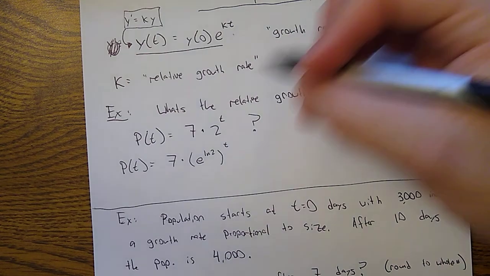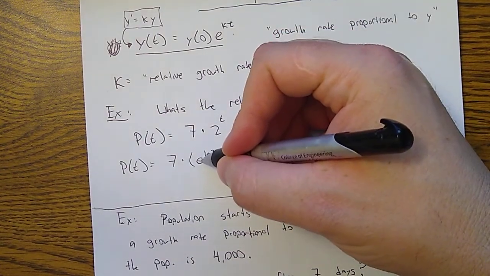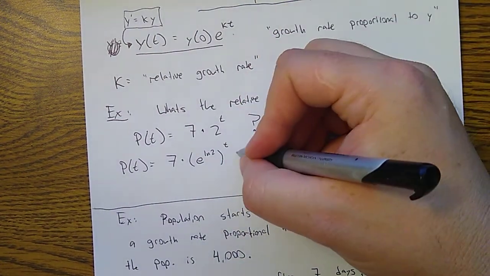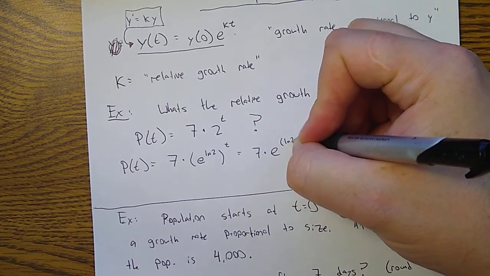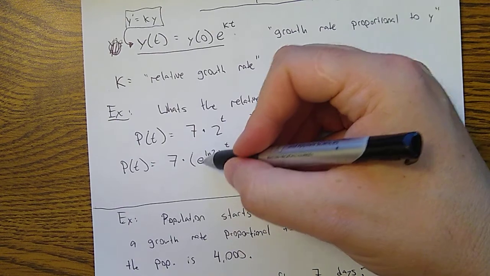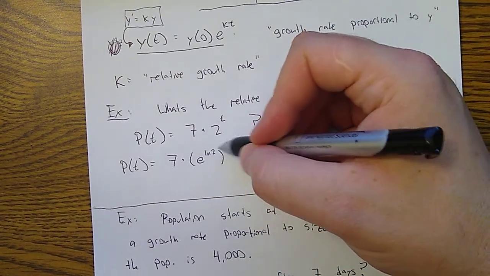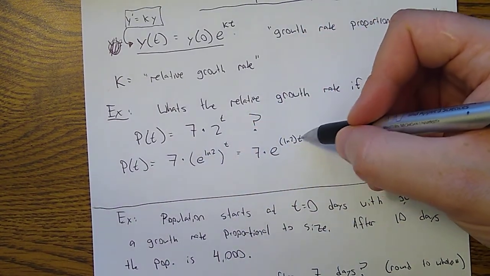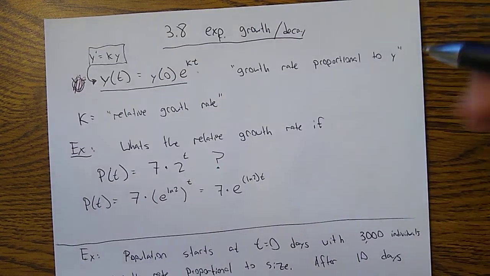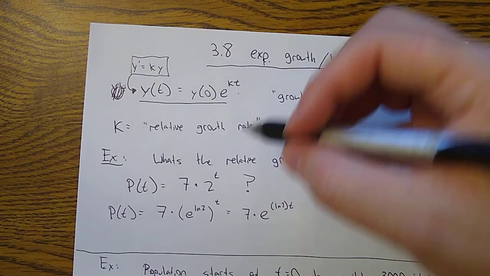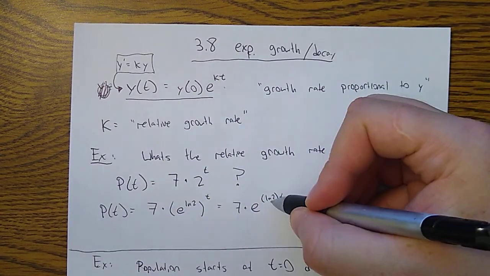So it's the same thing, but why would I do that? The reason I'm doing that is because I want to have an e in the base. Of course, when I have a power raised to another power, this is like multiplying the powers, so I get the natural log of 2 times t. And now, what did I say? Now that I have an e in the base, k is just this number.